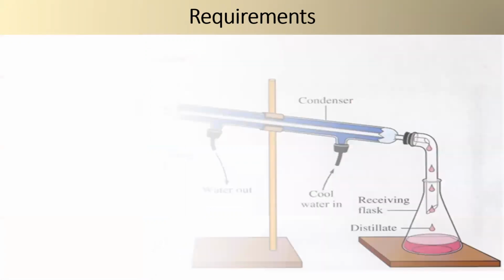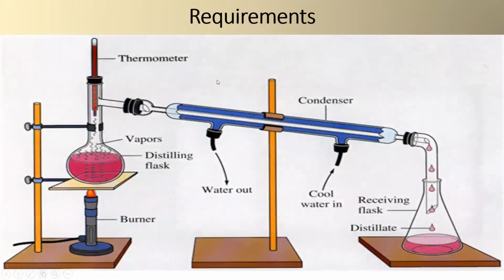Now let's see what our requirements are to carry out this distillation practical. So we need a round bottom flask which has a side arm connected to a jacketed condenser. A small tube, as you can see here, is inserted into this jacketed condenser.